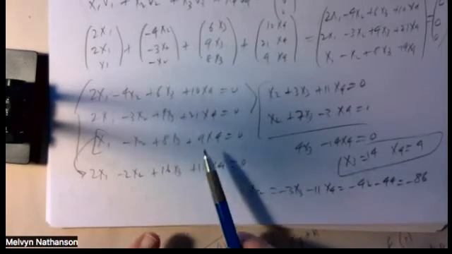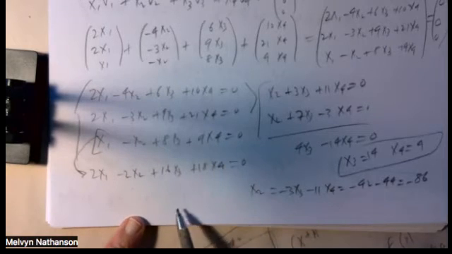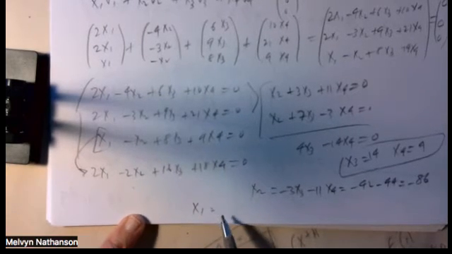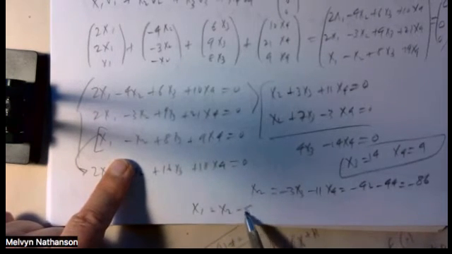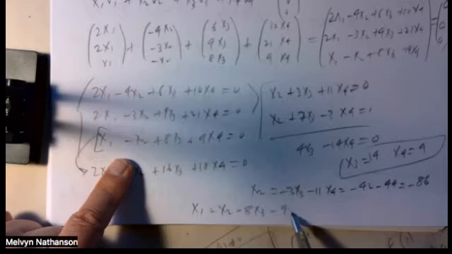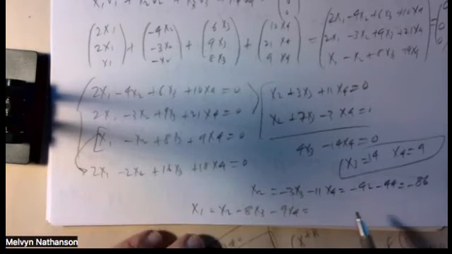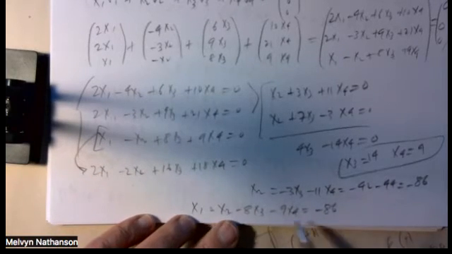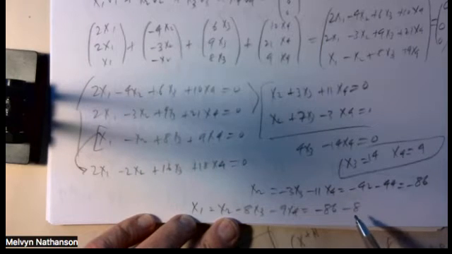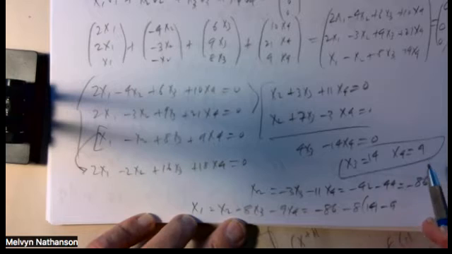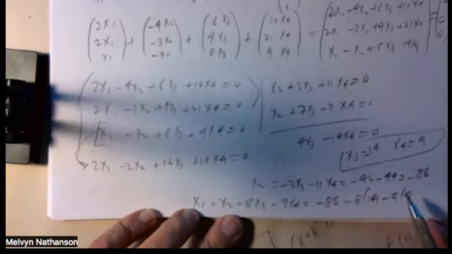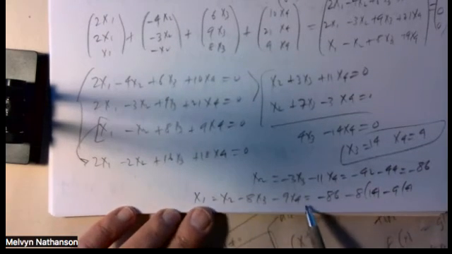And then x1 from this equation, x1 is equal to, if I bring this to the other side, x2 minus 8x3 minus 9x4. So that's minus 86 minus 8 times 14 minus 9 times 4. What is that?